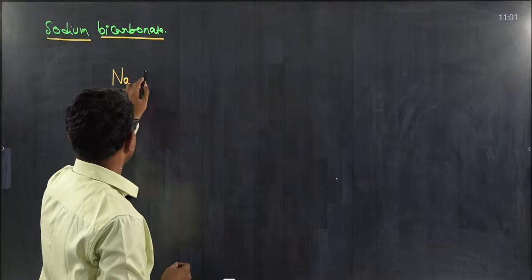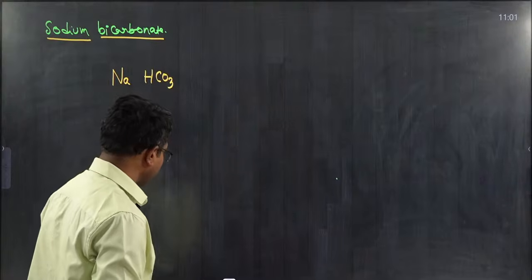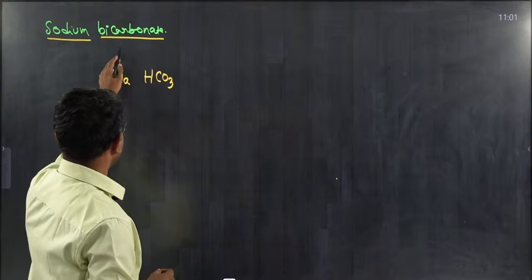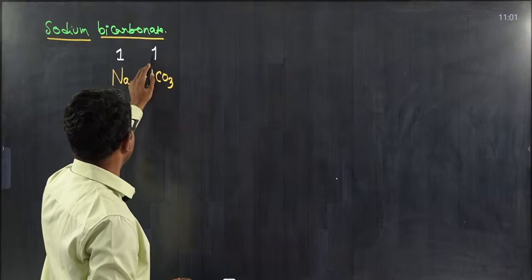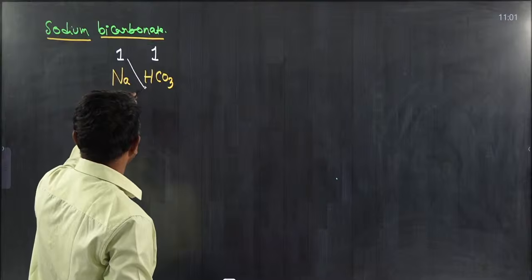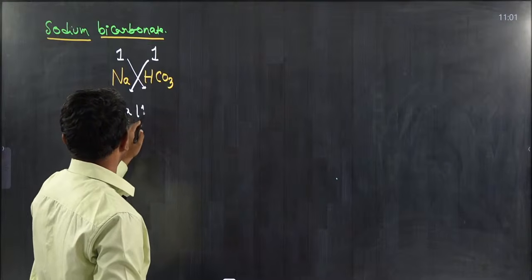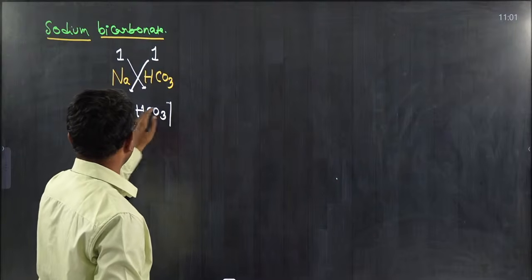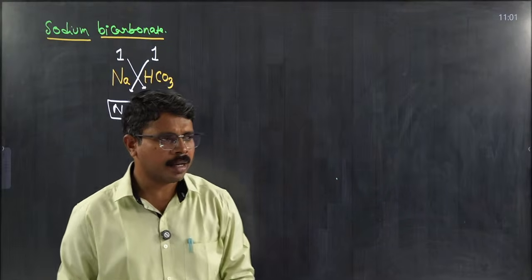So what is the symbol for bicarbonate? Symbol for bicarbonate is HCO3. As everyone knows, sodium valence is 1 and bicarbonate valence is 1. We need to cross these valences in this manner so that the formula of sodium bicarbonate is NaHCO3.